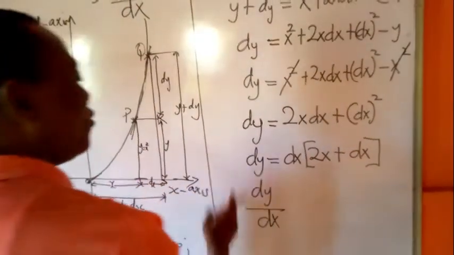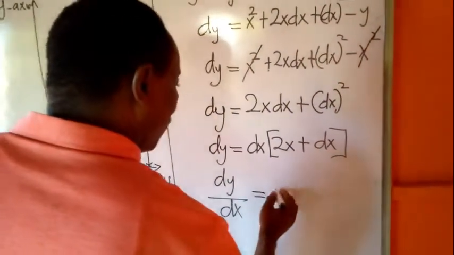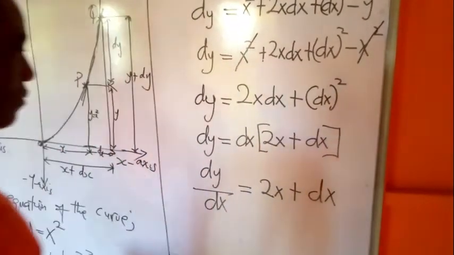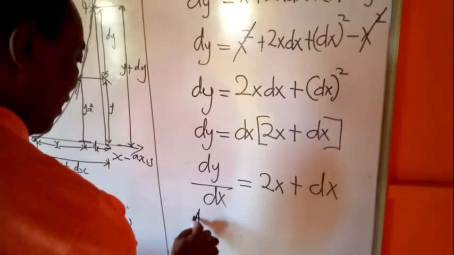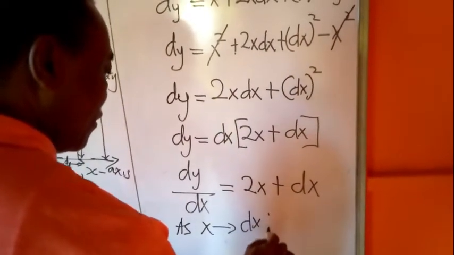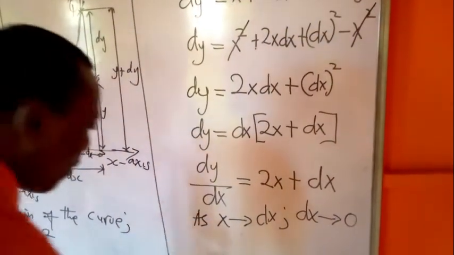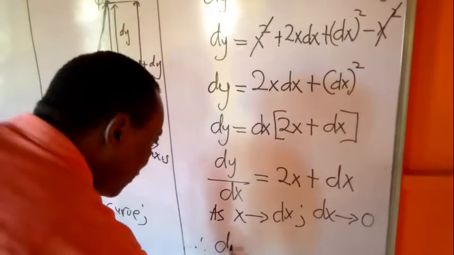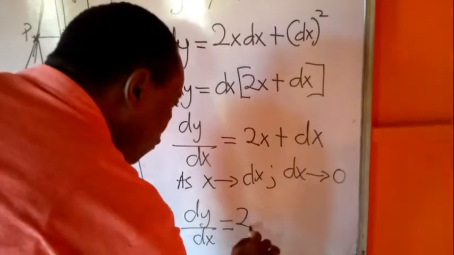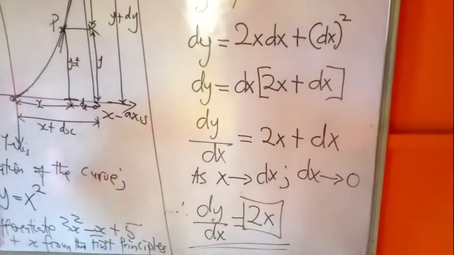This is where you have your differentiation now. Dy dx, which is now equal to 2x plus dx. So we can now say as dx tends to 0, dy dx is equal to 2x. So that's the first.